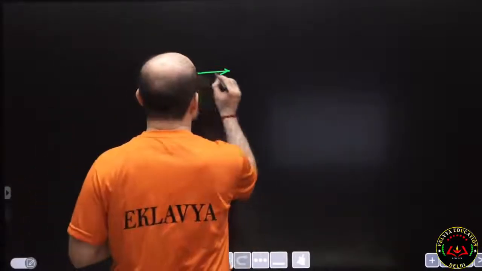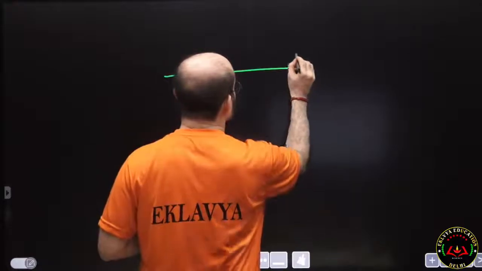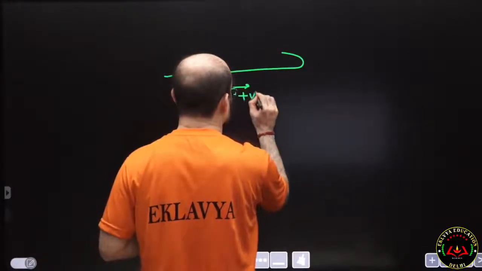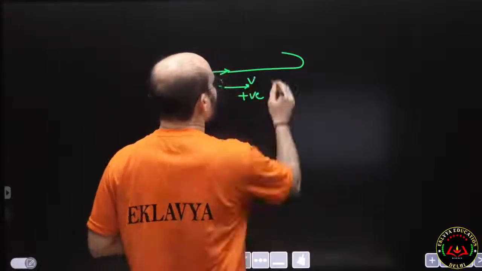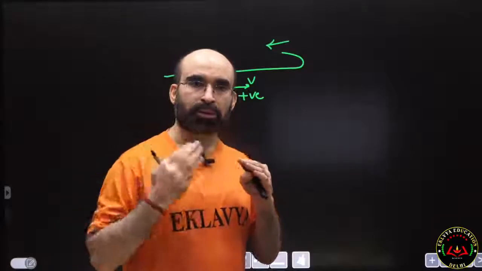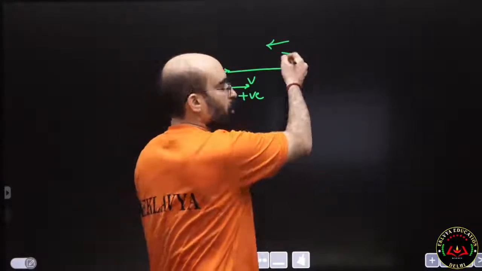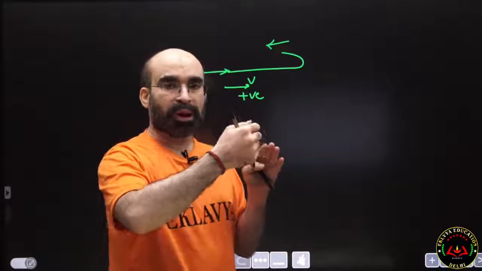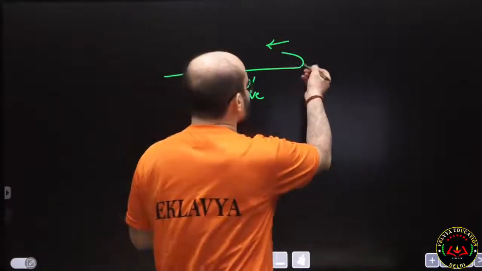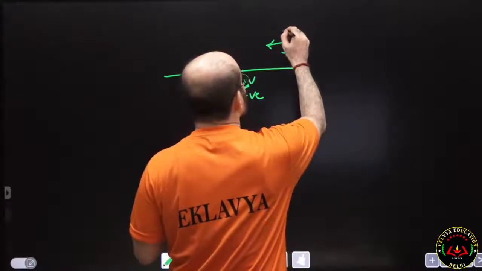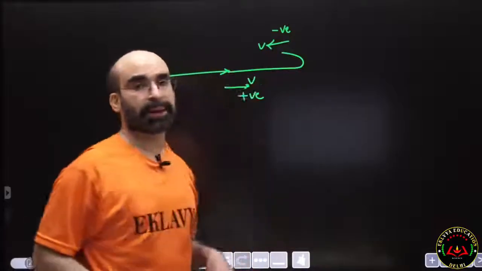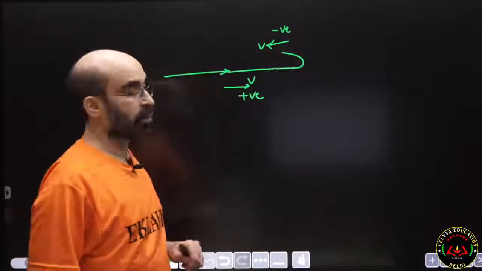Velocity in this direction was positive. If it takes a turn here and moves in the opposite direction, then velocity is negative in this direction. This velocity becomes negative when it takes this turn.